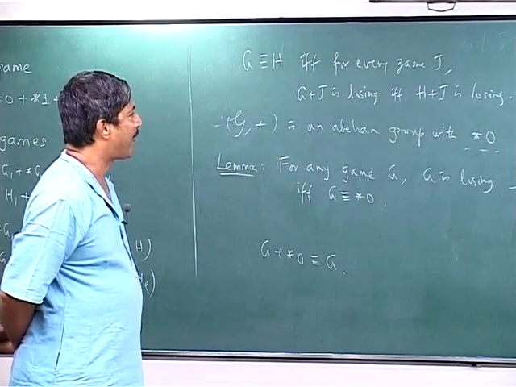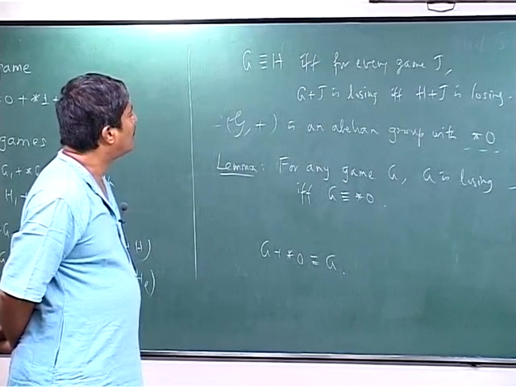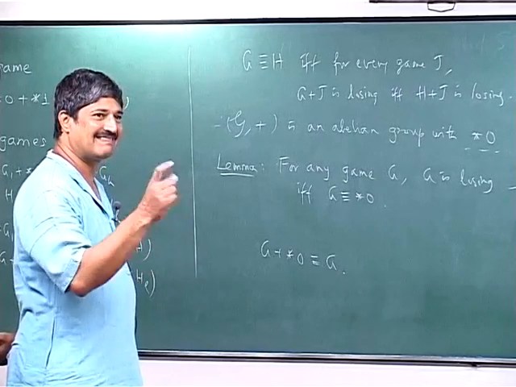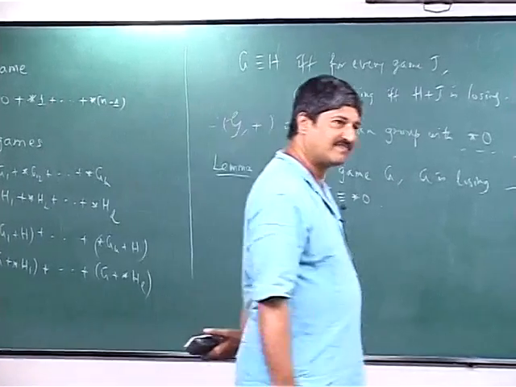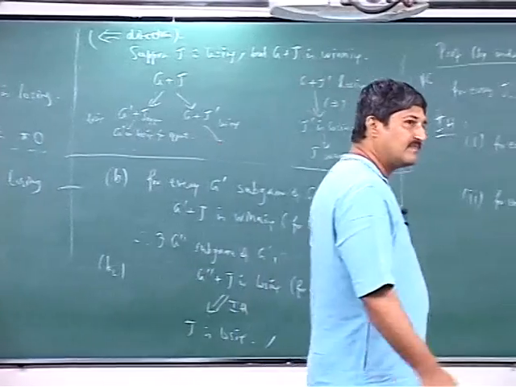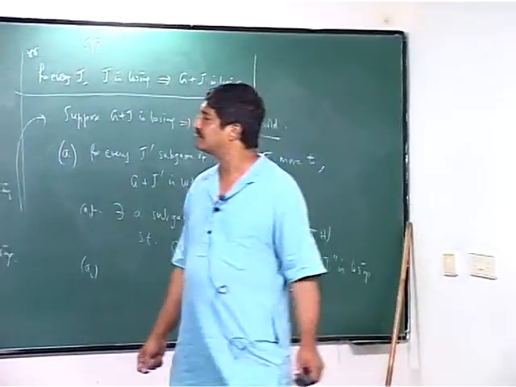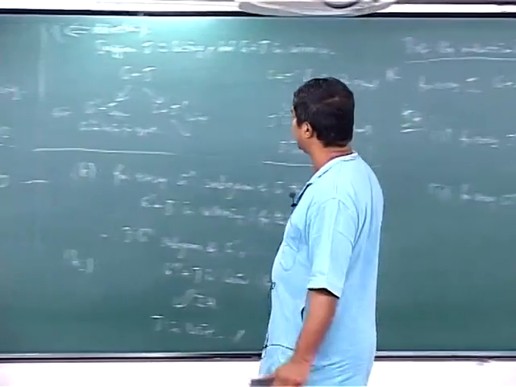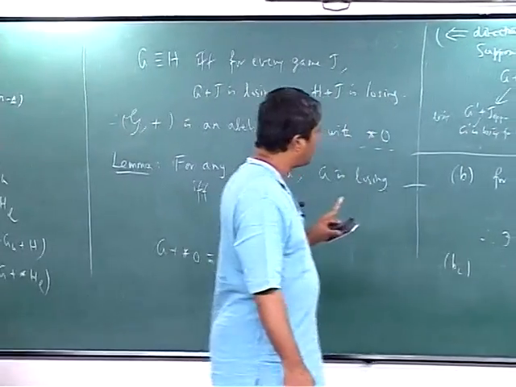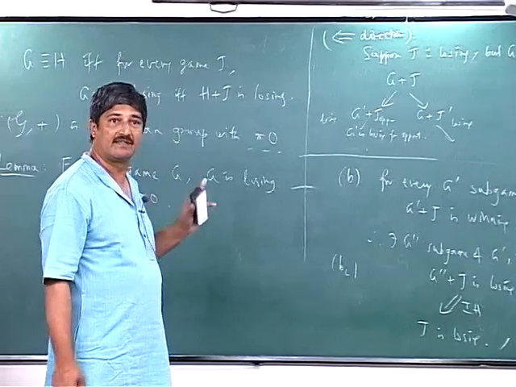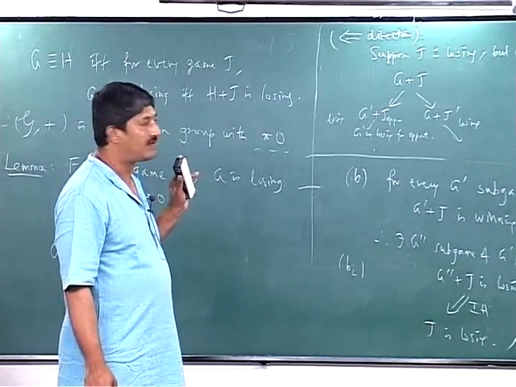So G prime is also a losing game. Why is that not clear? Not clear, no? Let me just see. G prime is losing for the opponent. G prime is a losing game, right?